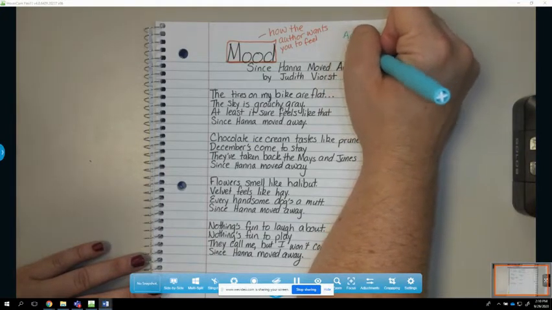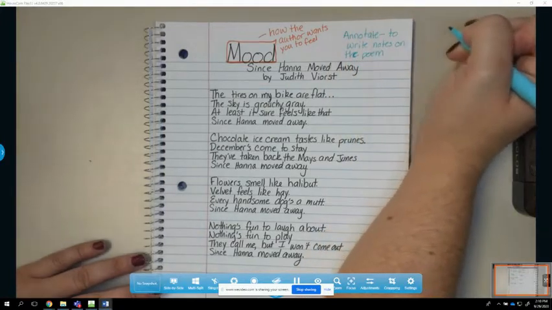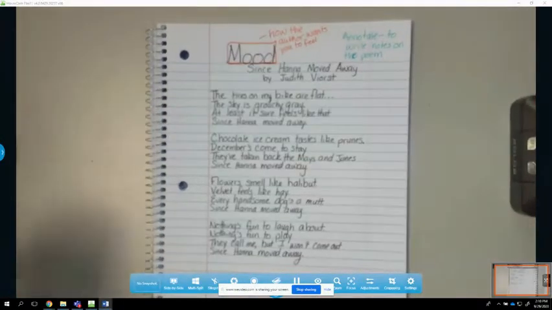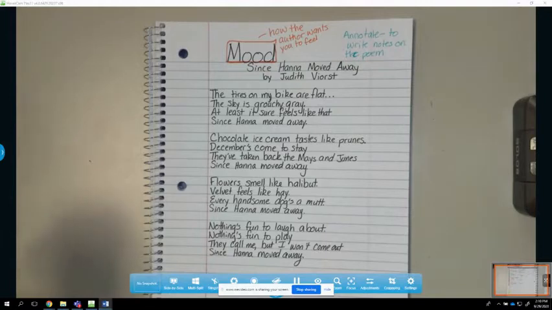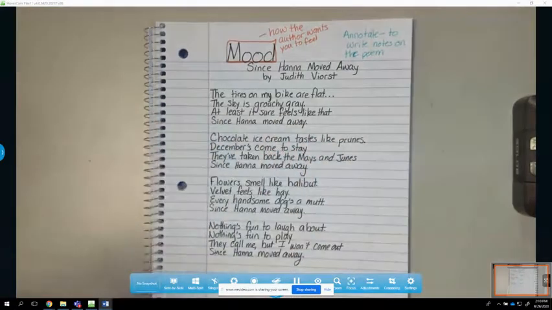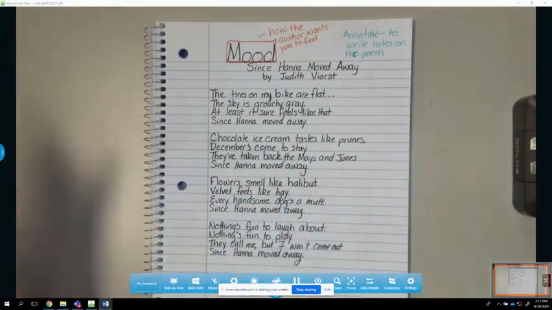Now, if you're reading a library book or a really old book, I would highly suggest that you not write on that. But if this is like a printed off copy of the poem and you're trying to understand it a little bit better, writing on it and annotating it is a really, really good idea.